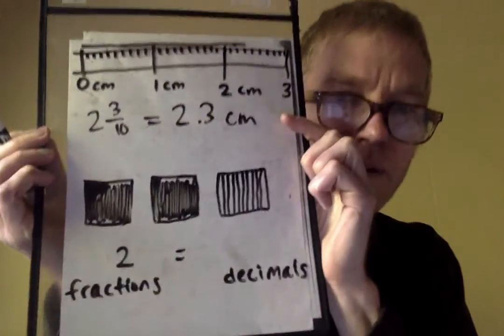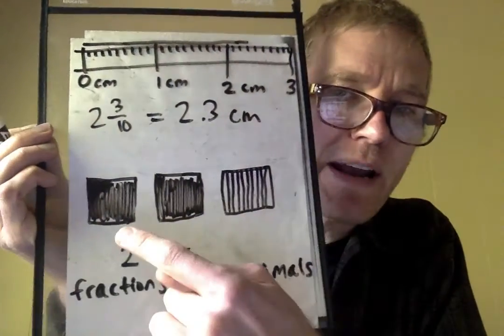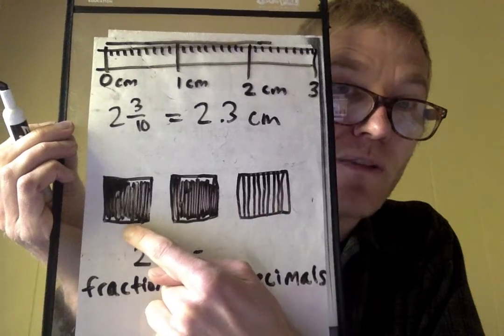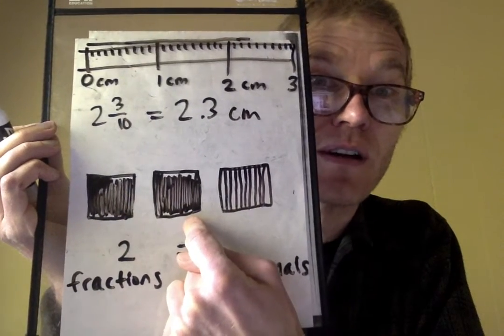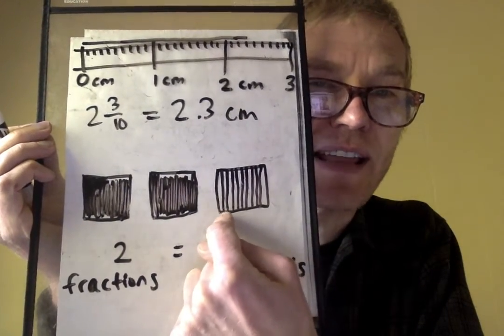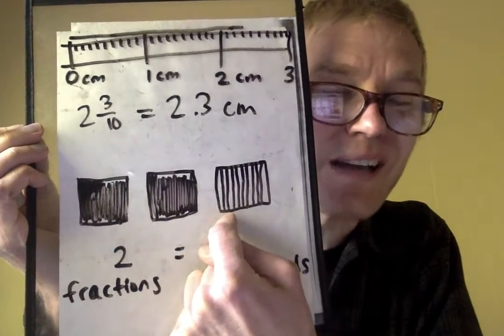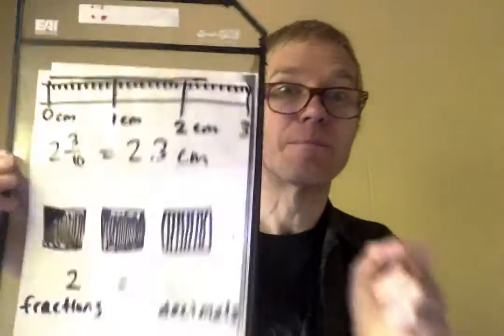Let's look at this bottom number. Right now we've got not just 1 filled up, not just 2, but I'm going to fill in a few of these tenths. So it's going to be 2 point something. Anybody have a guess how many I'm going to fill in? If you guessed 1, you're correct.